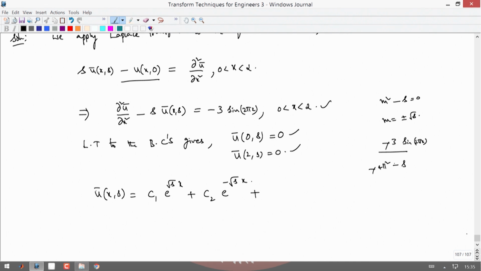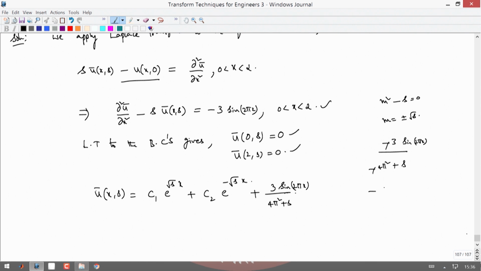So minus minus goes, this becomes plus: 3 by (4π² plus s) times sin 2πx is your particular solution. You can solve this and see.